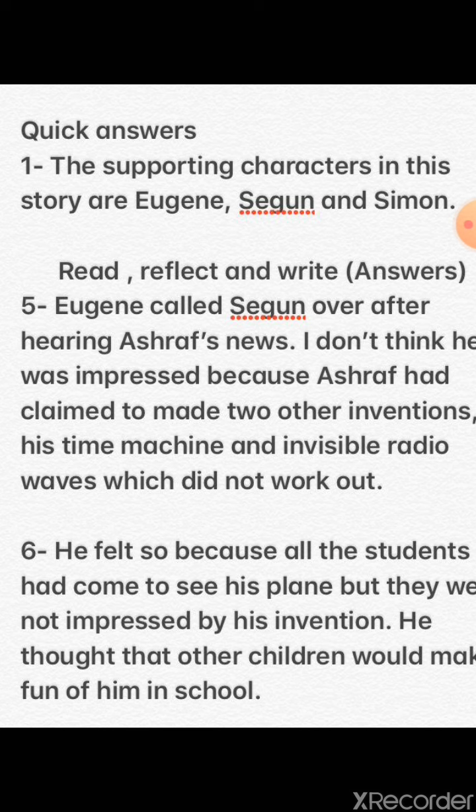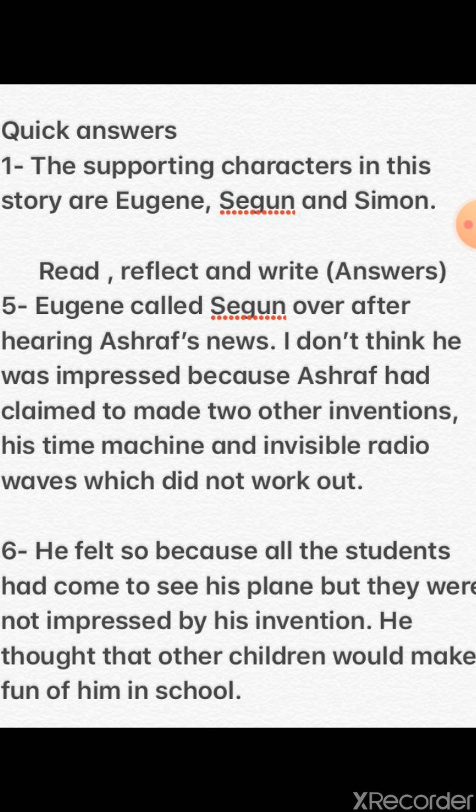Now your question number 6 is, you can see in your book, why did Ashraf feel that he could not go back to school ever? What did he think would happen if he went back to school? Why did Ashraf think about this? Because when all the students came to see Ashraf's plane, and when they saw that there was no plane, they were all disappointed and they all went.